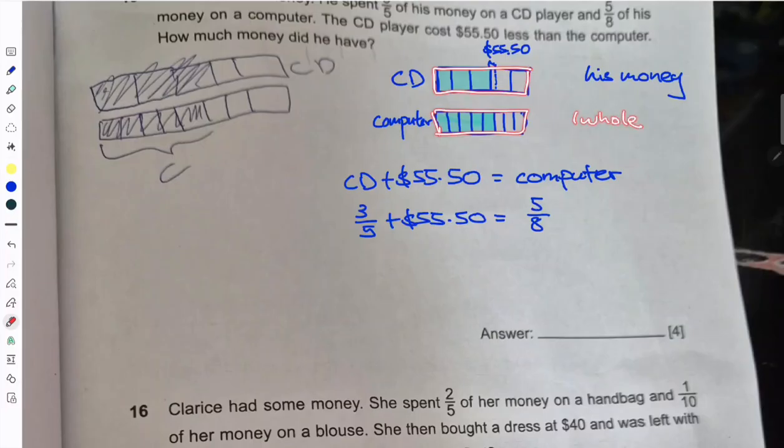So if this thing is one whole, let me find out what is this part in terms of the fraction of his money. Okay, I repeat again, let's find out what is this $55.50 in terms of his money.